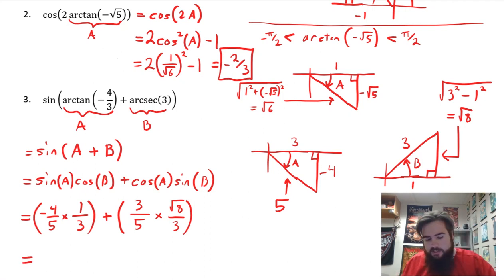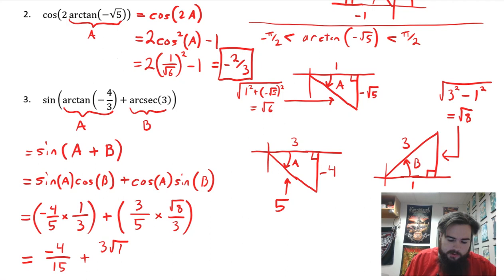This now takes just a little bit of algebra. Multiply that through. Negative 4/5 times 1/3 gives you negative 4/15. Plus, I can simplify these next two multiplications, but I'll keep it as the same denominator to combine with the previous fraction. So I'll make this 3 square root of 8 over 15 instead of simplifying that 3 and 15.